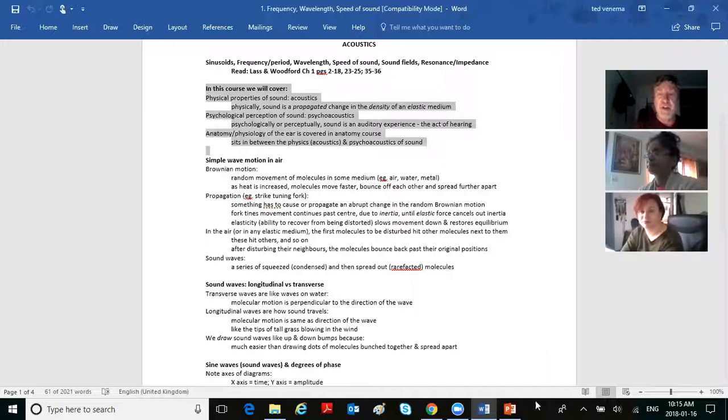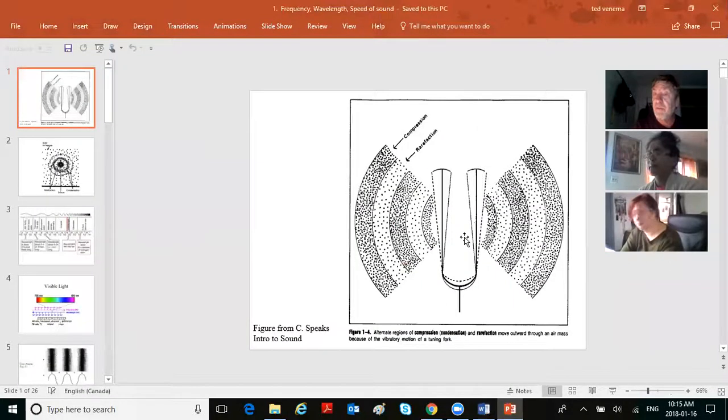Sound makes molecules into patterns. Did that happen when nobody was there to hear? Yep. So the answer is yes, there is a sound. We solved that one.